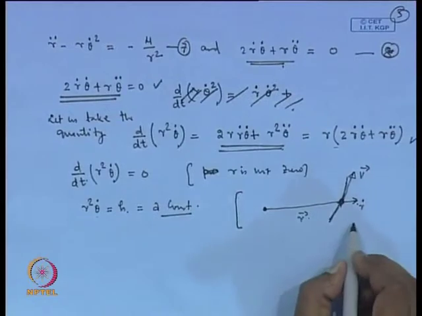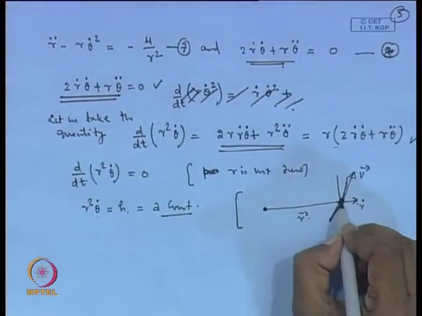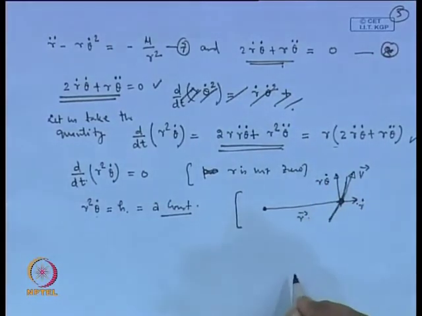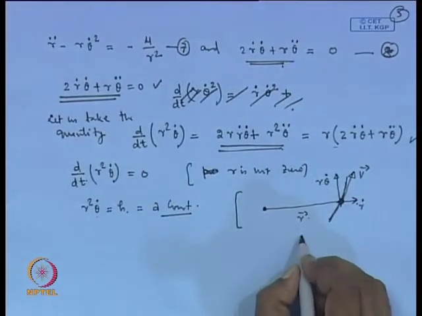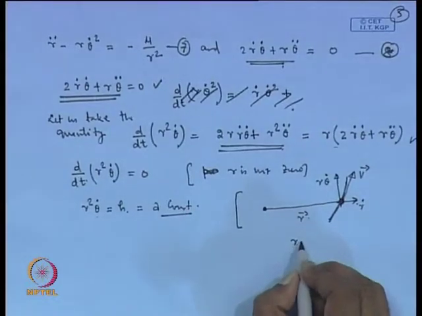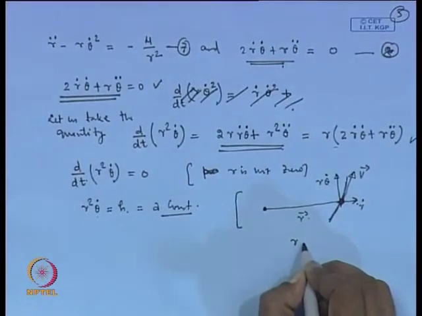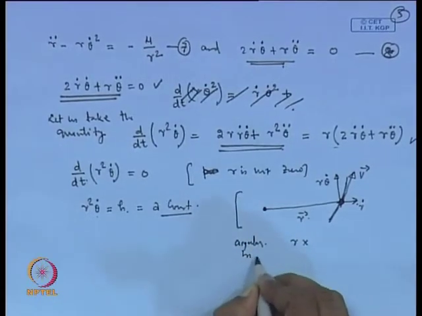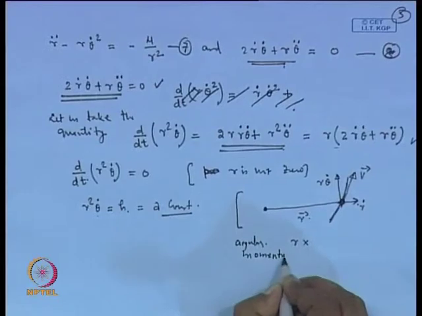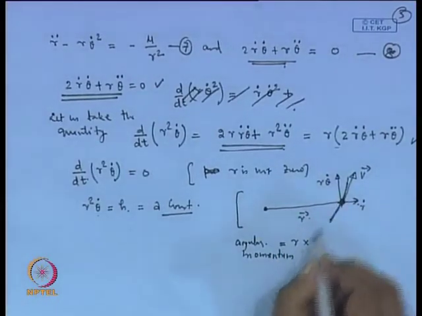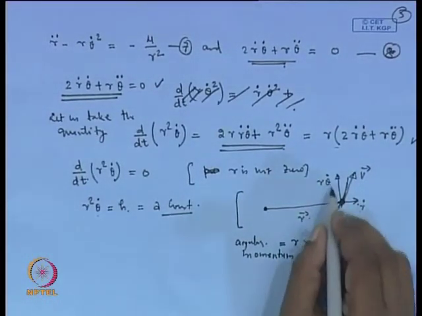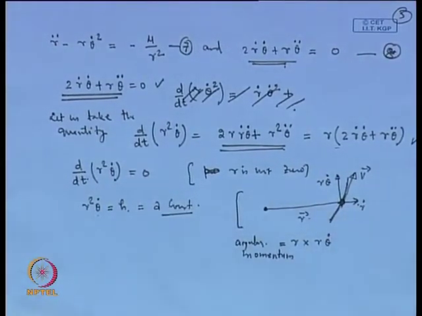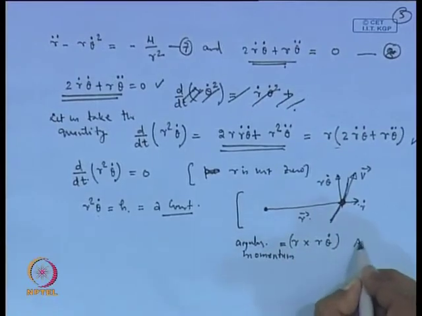This is the r dot component, and the component perpendicular to this is r times theta dot. Okay. So, the angular momentum will be given by r times r theta dot. Okay. This we are writing in scalar notation.